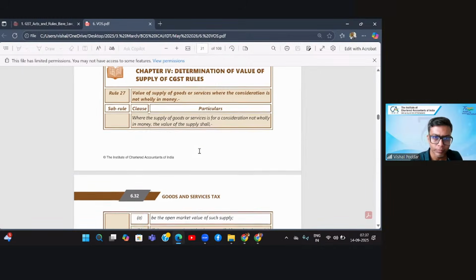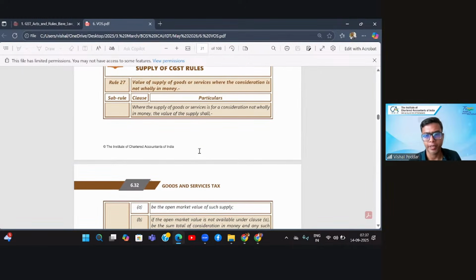Correct? Okay. Please read. Rule 27: Value of supply of goods or service where the consideration is not wholly in money.